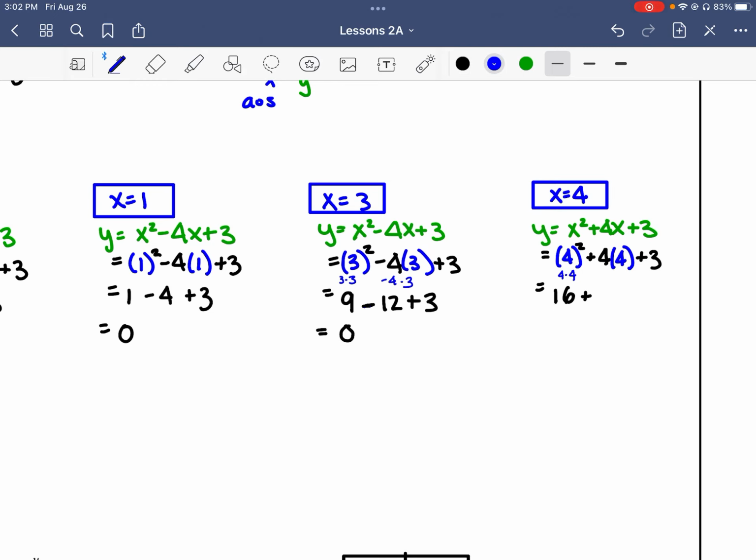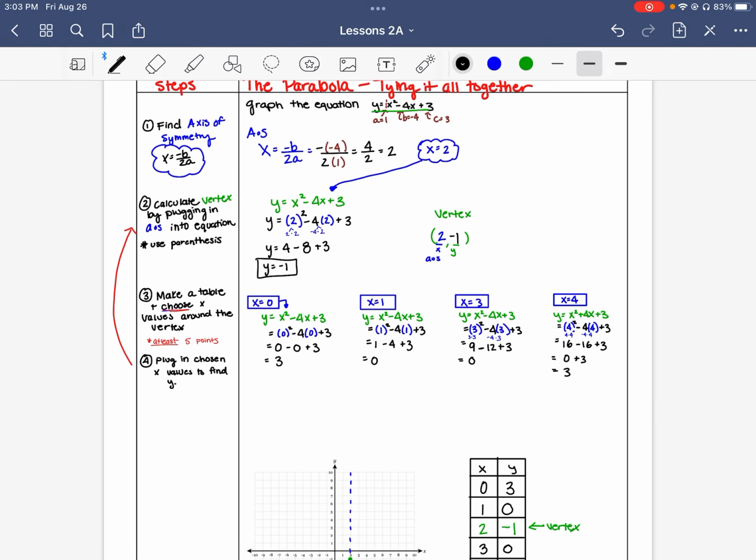Oops, not a plus. I'm sorry, you guys. I miswrote that. You see, I almost had an error. It's minus right here. So this is negative 4 times 4, which is negative 16. My 3 comes down. 16 minus 16 is 0 plus 3. And I get 3.